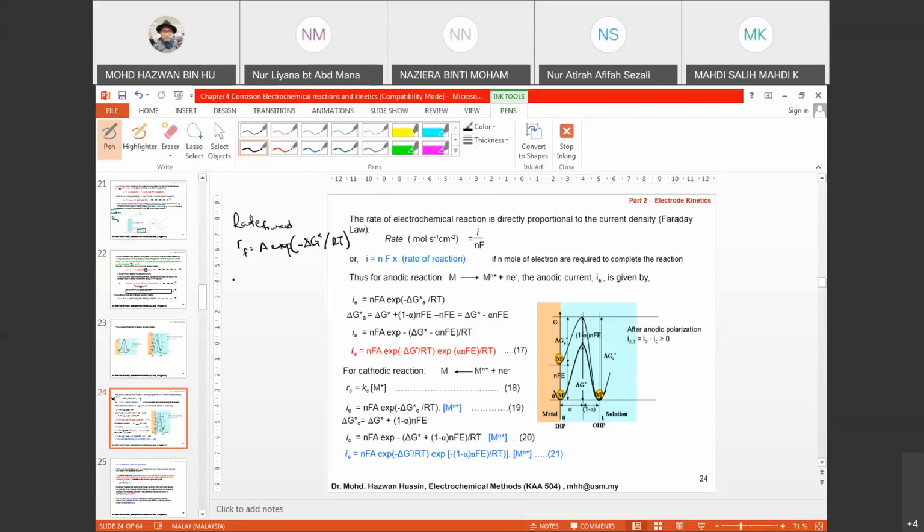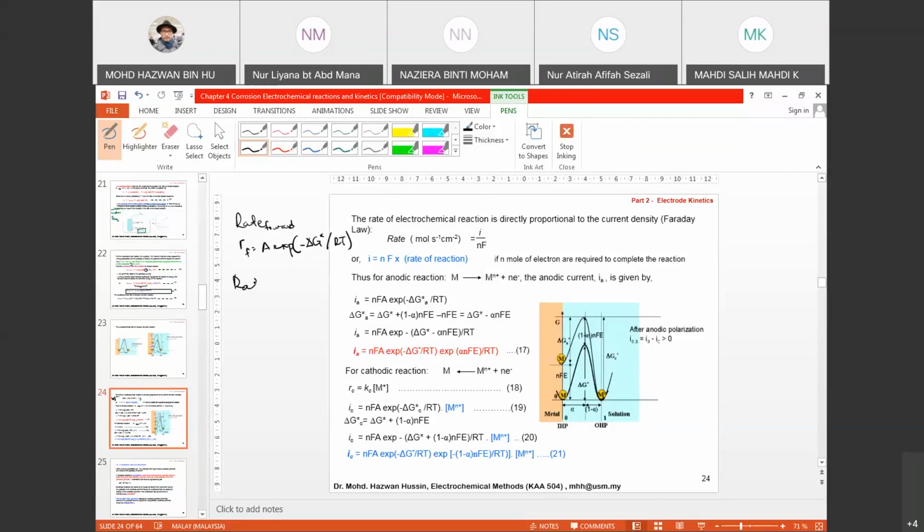When you substitute this, because rate equals current density over nF, you get the anodic current equal to nFA exponent minus delta G asterisk over RT. So this is actually the same thing.